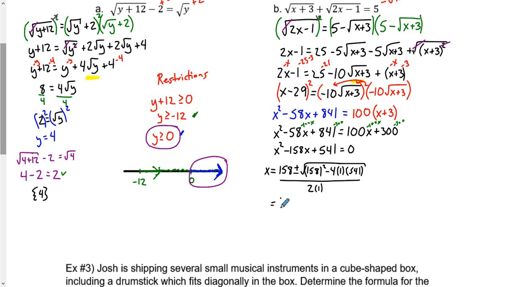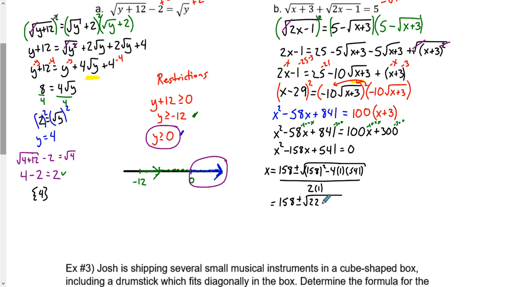So we'd have 158 plus or minus the square root 158 squared minus 4 times 1 times 541.